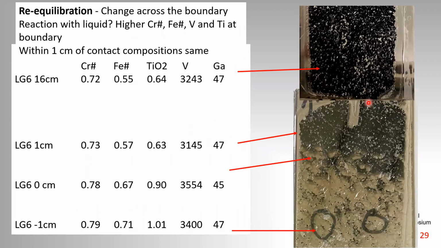So if the rock has less than 50 or 40% chromite, probably it's re-equilibrated in a layered intrusion.